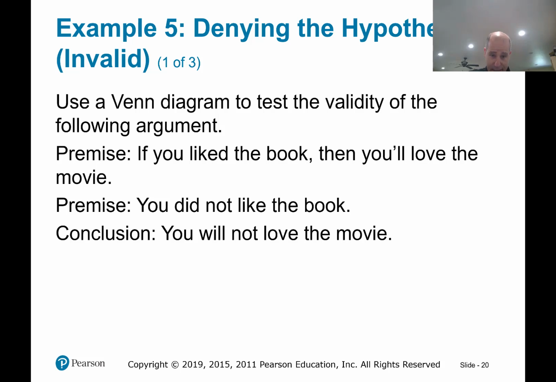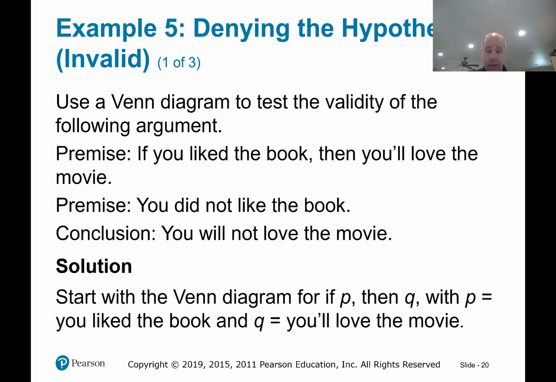But let's look at a Venn diagram. So again, label your sets. Premise 1 is if you like the book, then you'll love the movie. That means if we look at this as an all statement, we're saying all people who like the book love the movie.